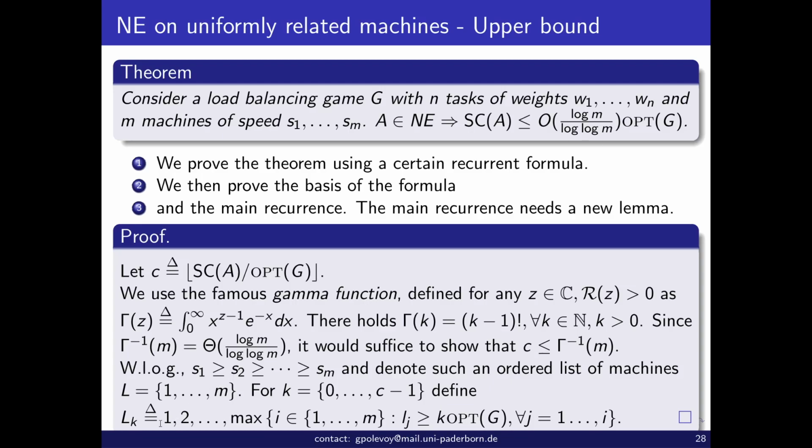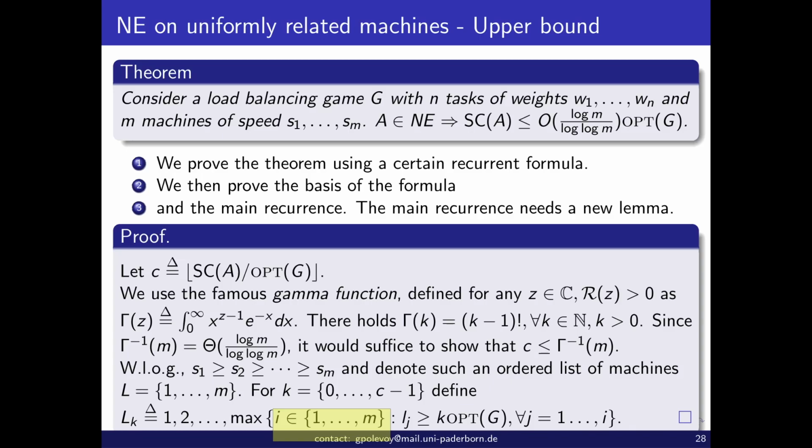Lk is defined to be the largest prefix of this list, so the largest starting subset of this list. It may be empty, maybe the whole list, by the way. All the machines till the largest possible index in this list, such that all the machines between 1 and this index are at least k times the optimum. So we look at the largest possible index, such that all the machines between 1 and that index are at least k times the optimum.